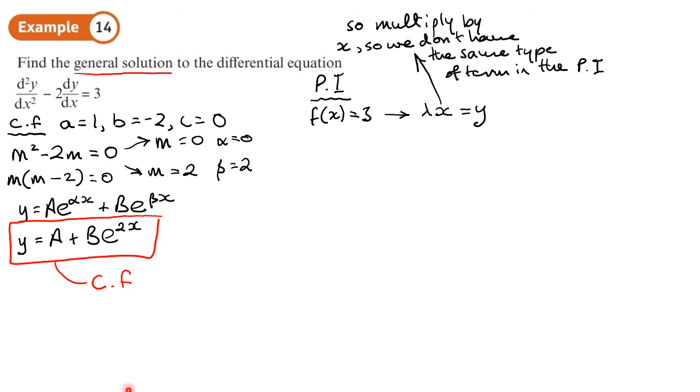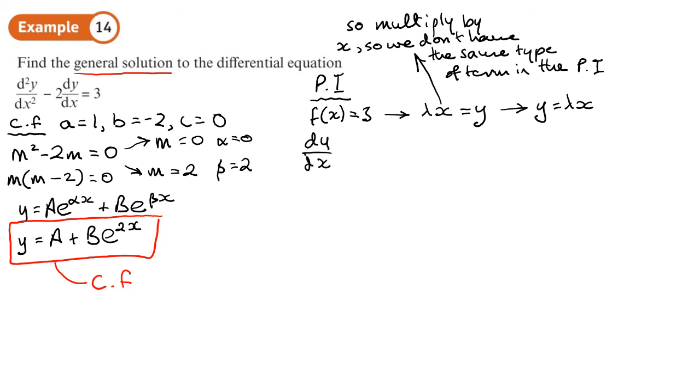Now, if for some reason there was already a constant times x term in the complementary function, so let's say this had 3x in it, or cx or something like that, then you would multiply lambda by x squared, to get a different type of term. Right, so we've got y equals lambda x, rather than just y equals lambda.